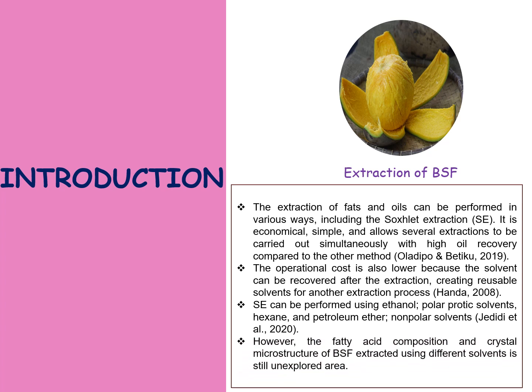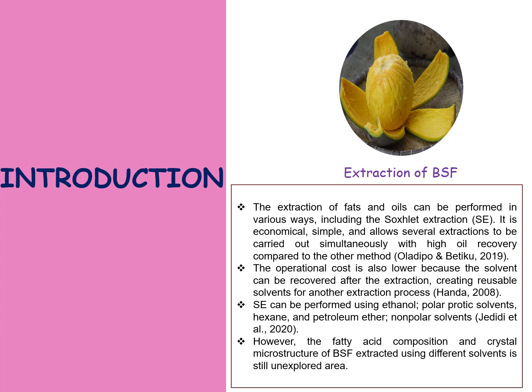But the fatty acid composition and the crystal microstructure of Bambangan seed fat extracted using different solvents is still an unexplored area. So in this study, we extract the Bambangan seed fat using three types of solvent, which are hexane, petroleum ether, and ethanol.